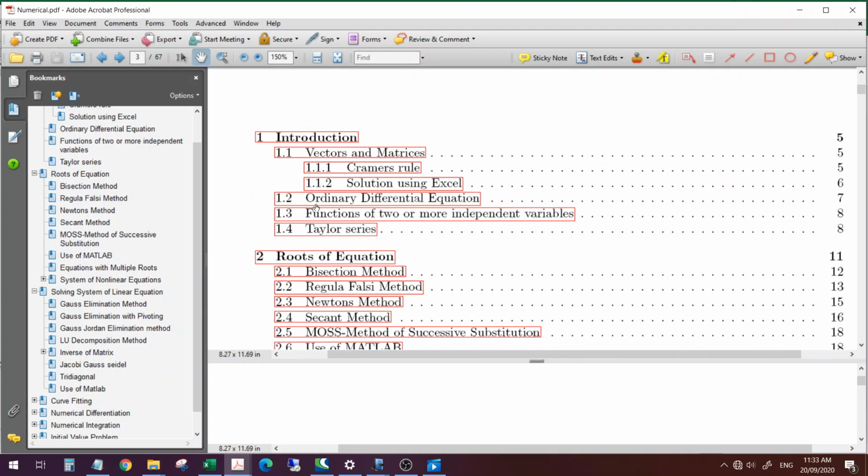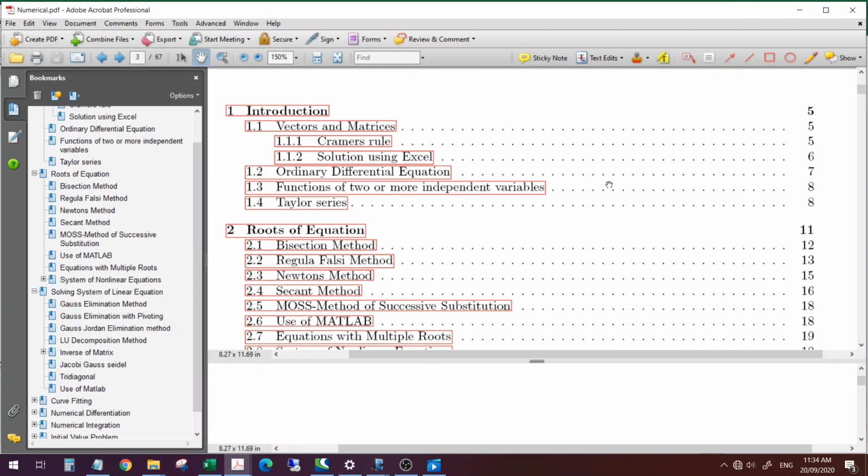Next is differential equation, because of course all engineering phenomena, if not all, almost all, can be converted into a differential equation. And that's what we are solving numerically in this course, because some equations are hard to solve analytically.